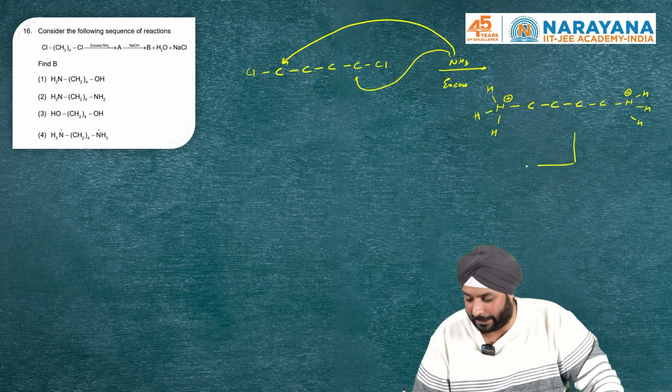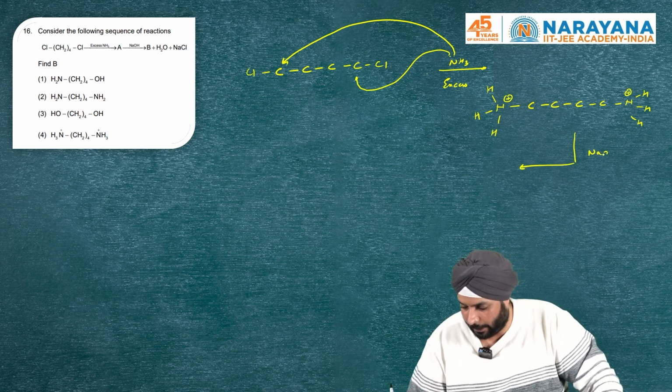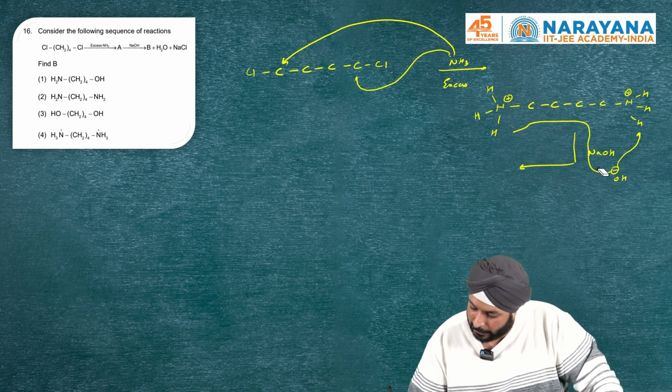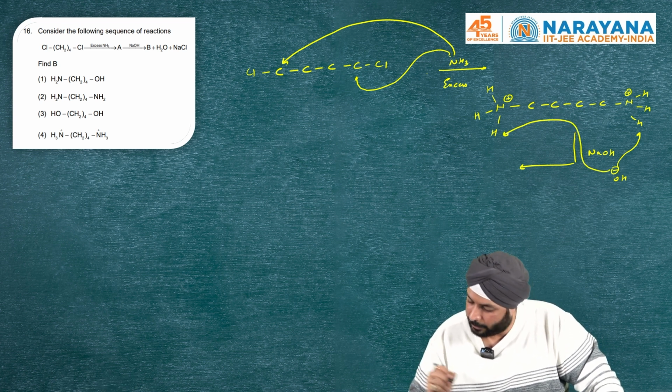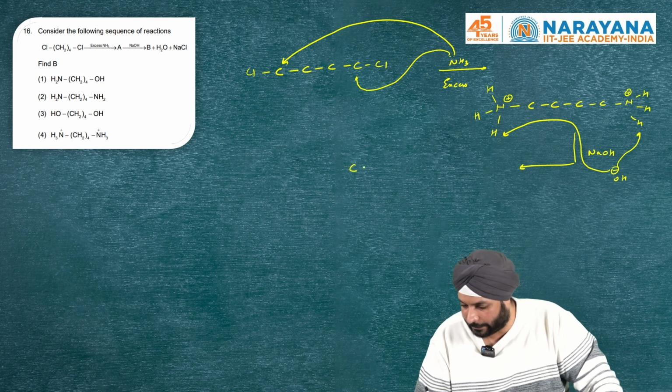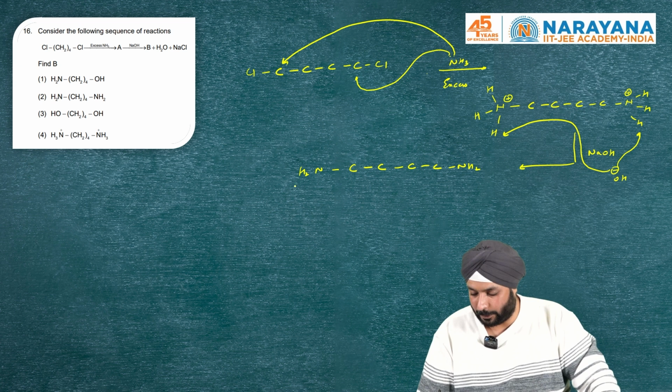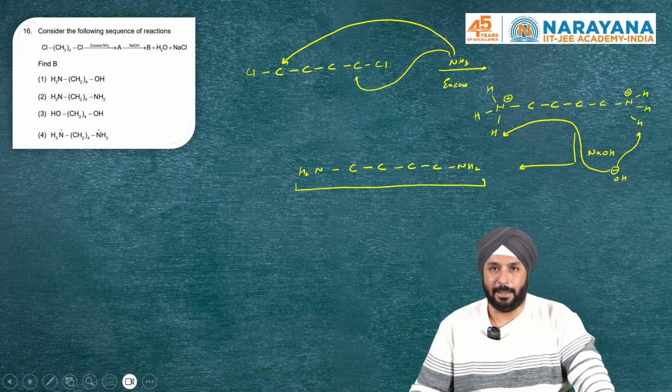When I'm adding base NaOH, this OH minus will extract H plus from this aminium ion, right? Thereby, you will get C, C, C, C, NH2, NH2 as a major molecule. The answer should be this, right?